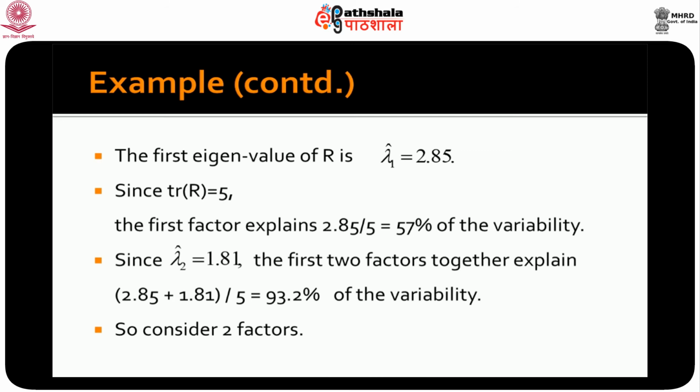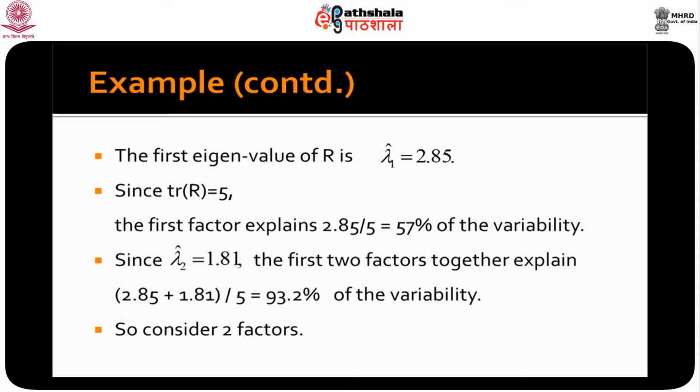Now if you work with 2.85 out of 5, which is the total variability, because the diagonal in this case is 1 1 1 1 1, this is a total of 5. So it's 2.85 divided by 5, which is a little less than 60%. But if we take the second eigenvalue now, which is lambda 2 hat equal to 1.81, then together the first two eigenvalues contribute (2.85 plus 1.81) divided by 5, that is 93% of the variability.